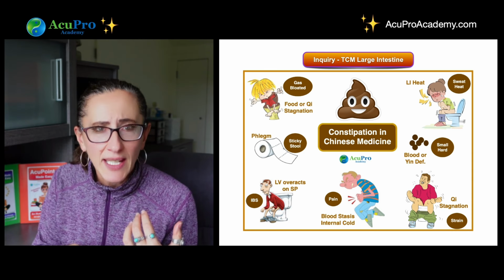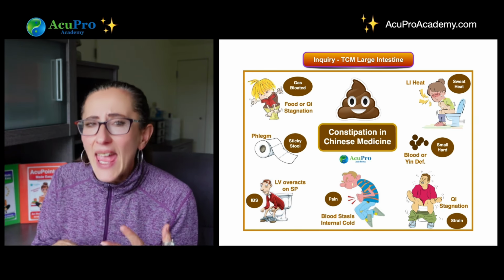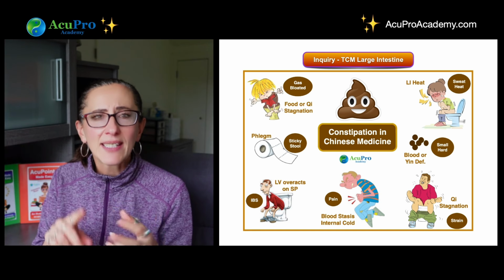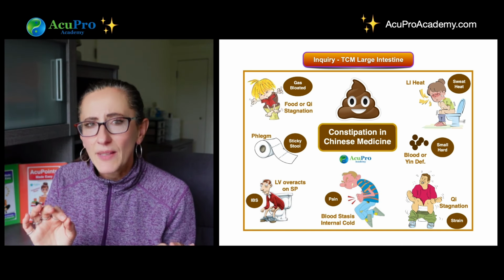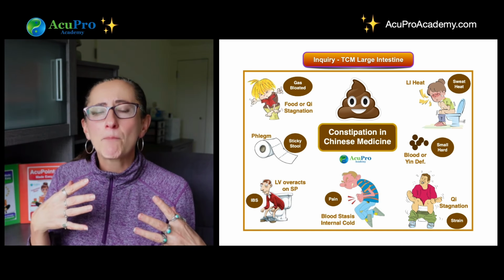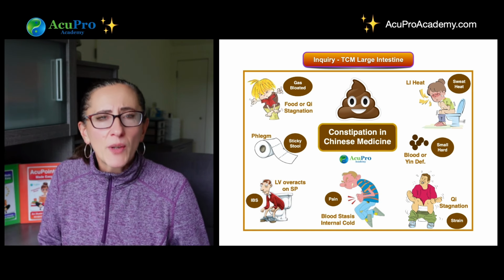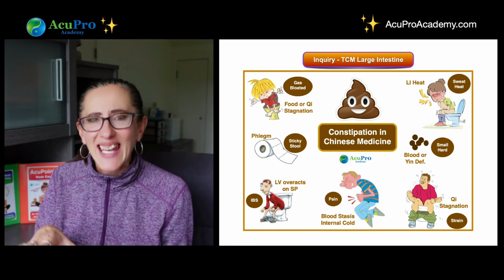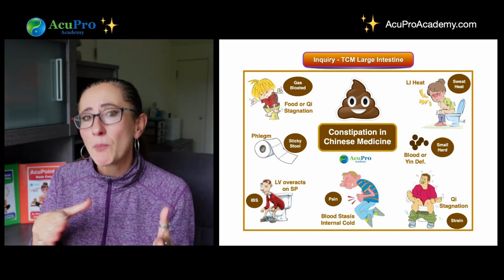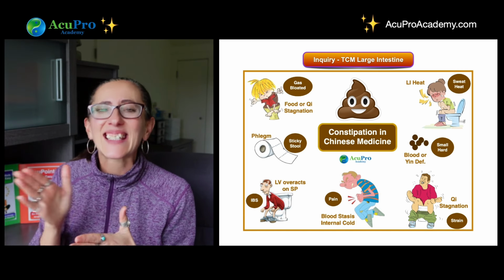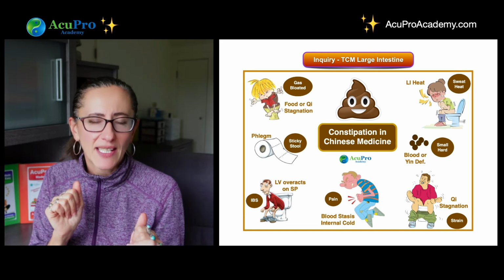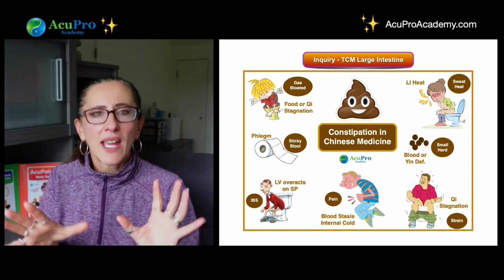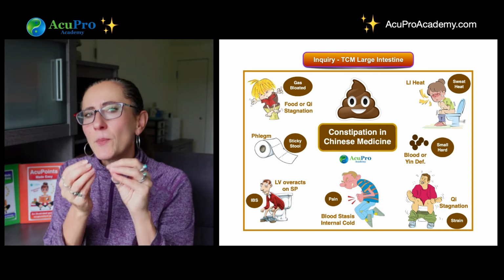If we are straining, if there is gas and easily bloated with stress, that's a liver qi stagnation. If there is a painful abdominal region and when we have a bowel movement, we feel better, that's excess in the large intestine. And if the bowel movement is smelly, that's excess heat in the large intestine. Does that make sense? Okay, so it's looking at going a little bit deeper.